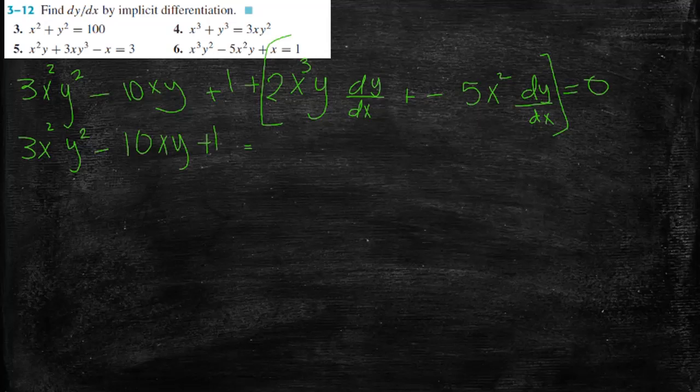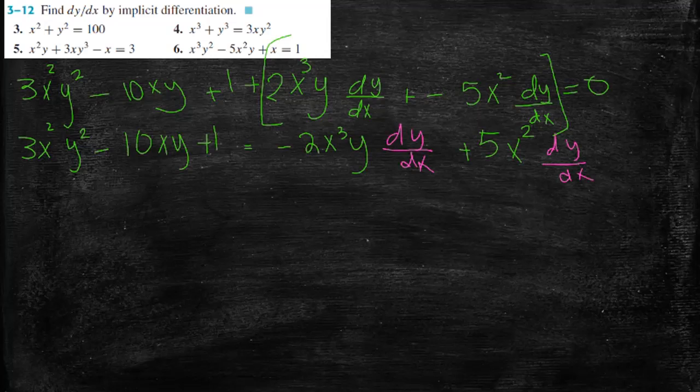Now let's move it to the other side, so it will be negative 2x cubed y times dy over dx plus 5x squared times dy over dx.